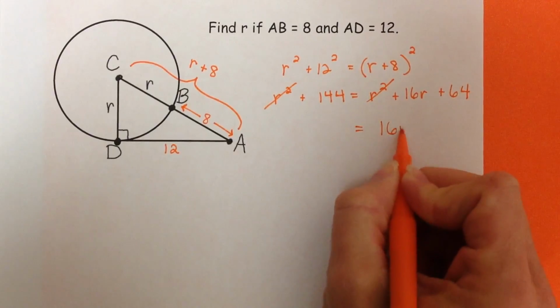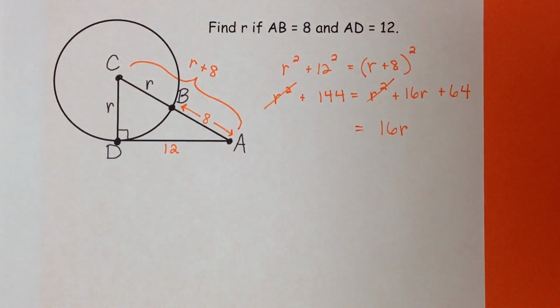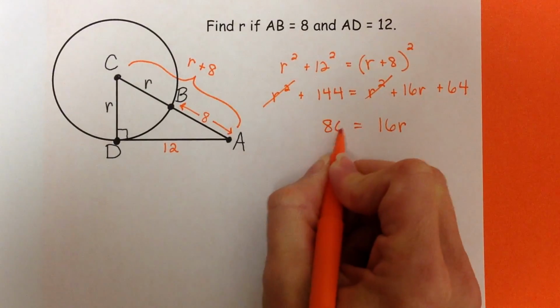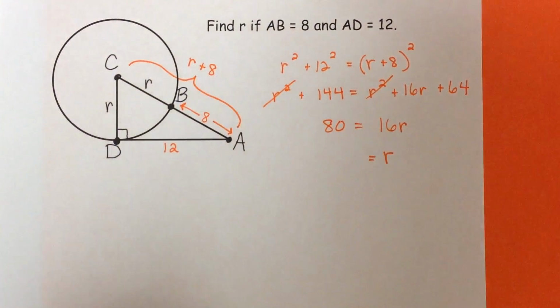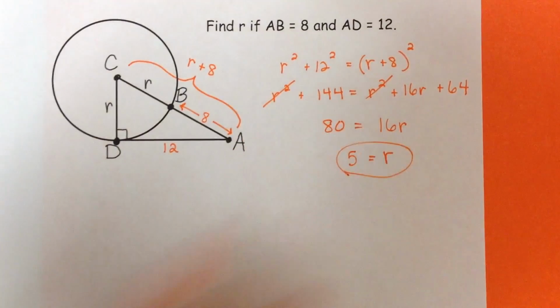That leaves me with 16R. Of course, you're going to want to subtract the 64. So we've got 144 minus the 64, and that'll leave us with 80. Then if I divide by 16, 80 divided by 16, I believe, is 5. Yes. So that would mean R is equal to 5. There's my answer.